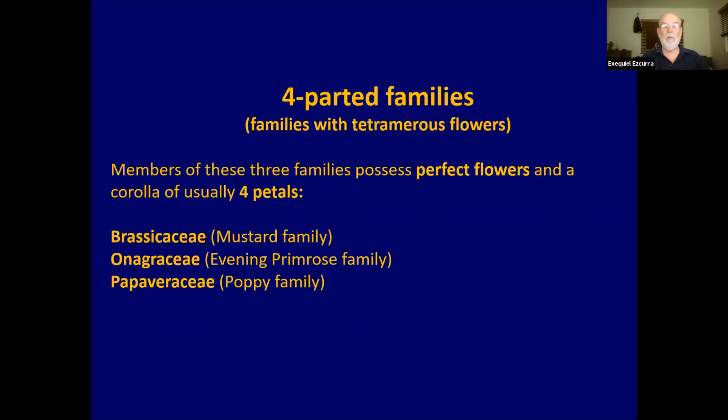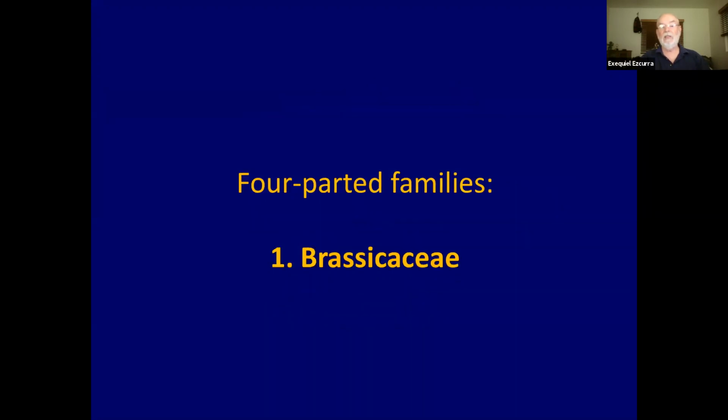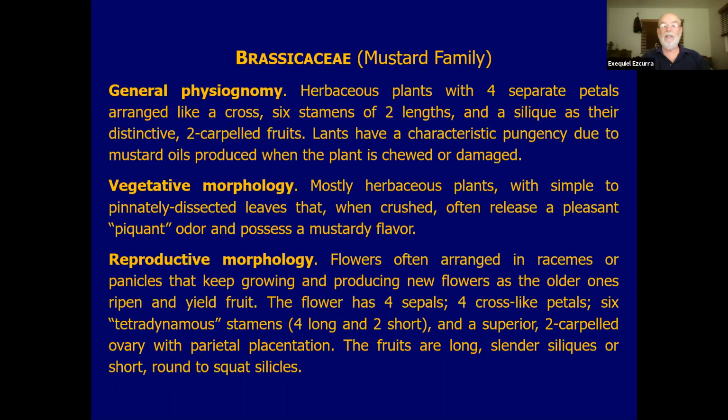Let's go to the first family, the Brassicaceae. The Brassicaceae are quite easy to identify. They have four petals arranged at right angles. If you look at them from above, they look like a square cross. Hence the name also for the family. The family had an ancient name, Cruciferae, or also the cruciferous plants, because the flowers look like a cross.